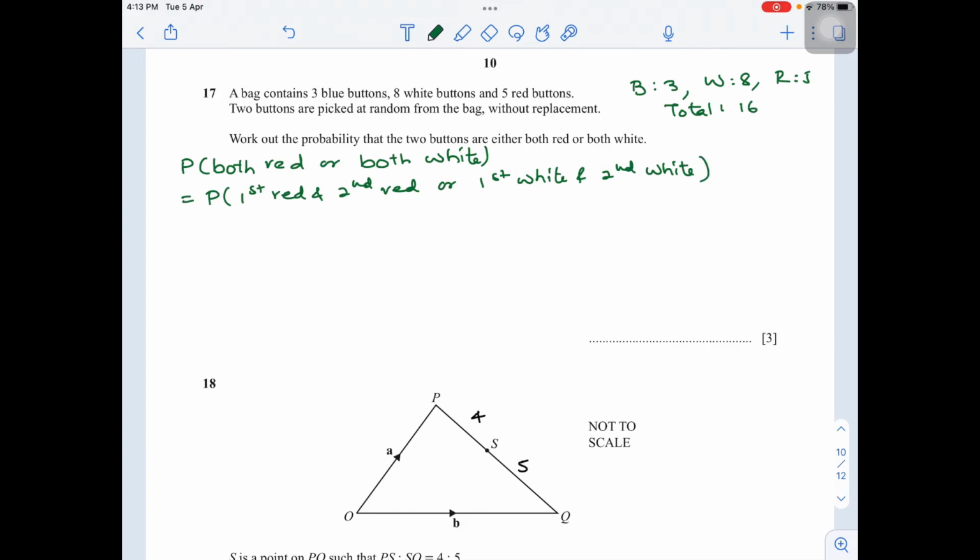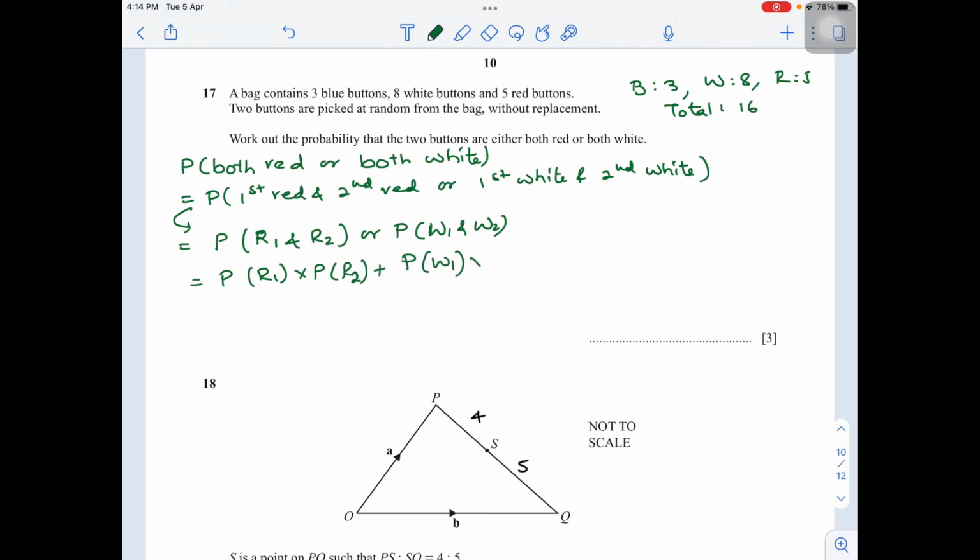Now remember, whenever I say and, it is times. Whenever I say or, it is plus. So probability of R1 and R2, or probability of W1 and W2, which is same as probability of R1 times R2, or W1 times W2.